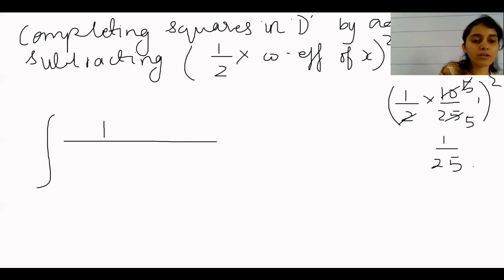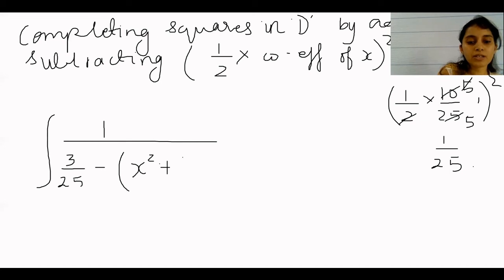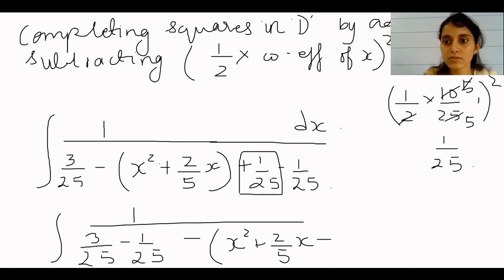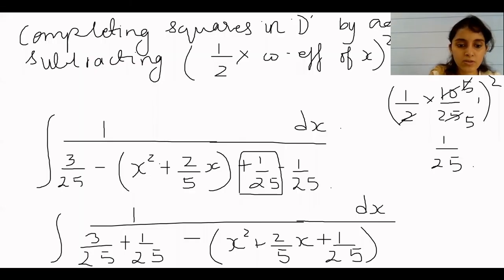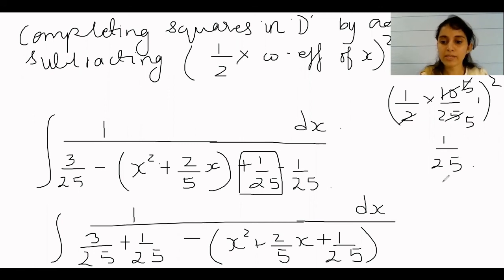So 1 upon 3 upon 25 as it is, minus sign as it is, x square plus 10 upon 25 x. If you have noticed, I have taken plus 1 upon 25 with 3 upon 25, and I have put minus 1 upon 25 inside the bracket with a plus sign. Okay, so now we've completed the squares.